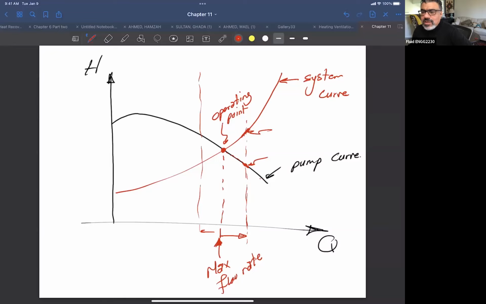No, don't touch the pump. Let's assume the pump is running at the same speed, everything. Increase the losses, right? This is very interesting. Increase the losses. How are you going to do this?